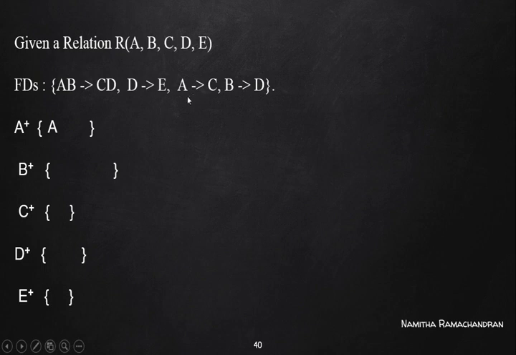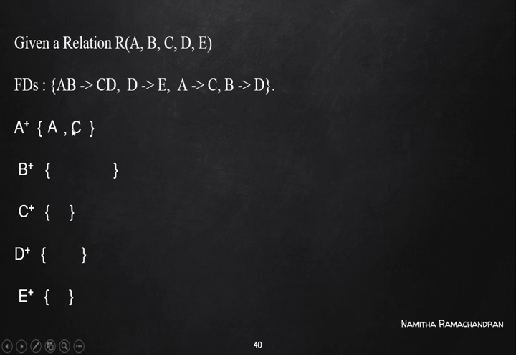Yes, A implies C, which indicates that if we know the value of attribute A, we can derive the value of C. So from this particular functional dependency, C is also added to the closure set of A. Now in this closure set we have A and C. Consider if A can derive anything else with the help of the given functional dependencies. No, A alone cannot derive anything further.